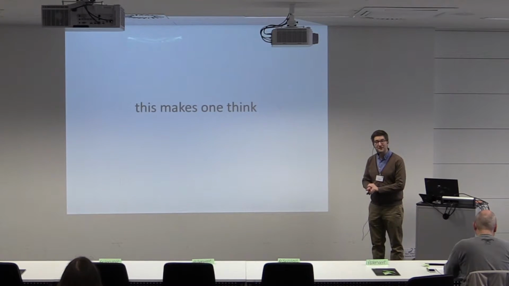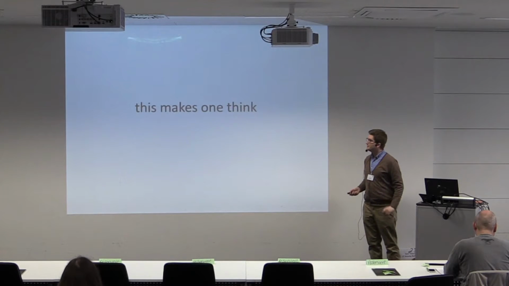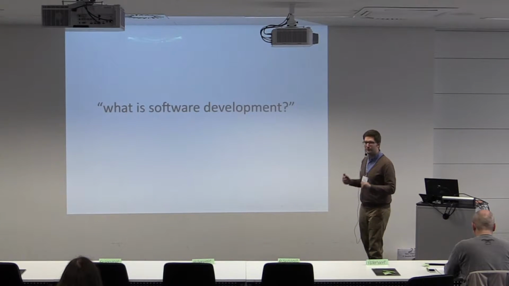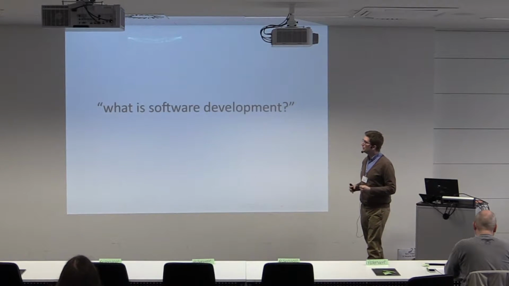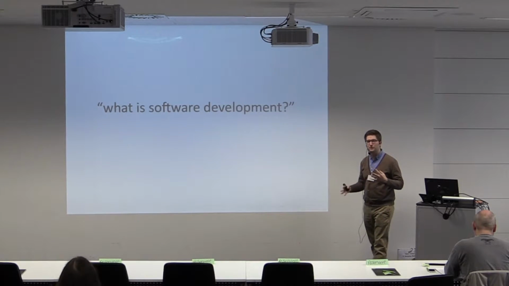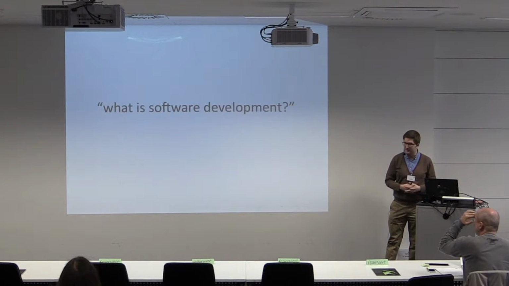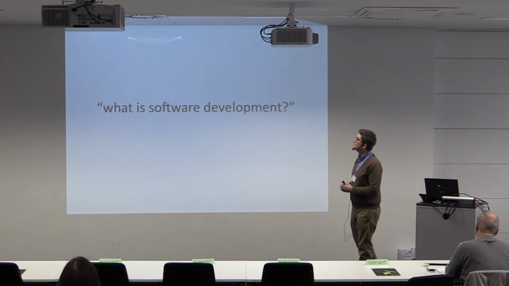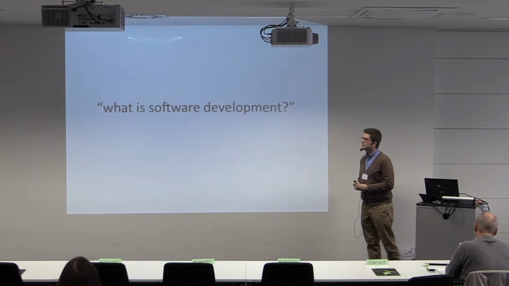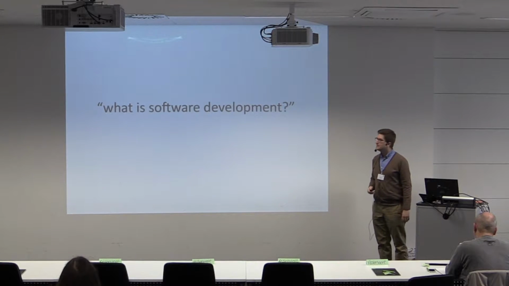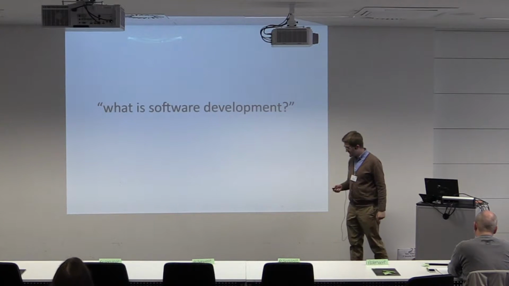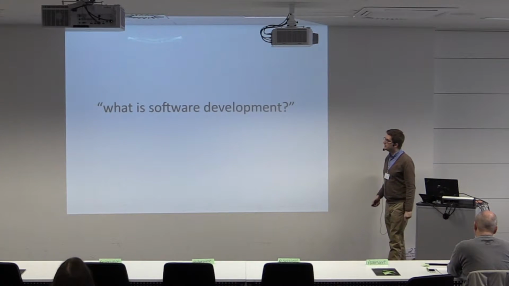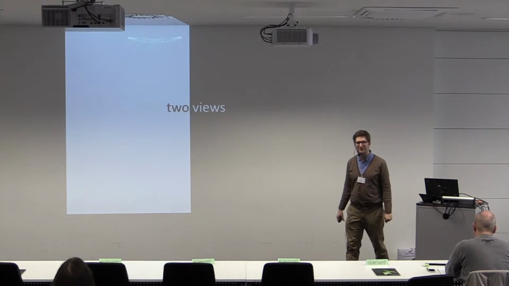It made me think, what is software development? Sort of, what is it that we do all day? And what kind of models do we use to think about software development? And how do we relate to it? I realized, starting from this view of the apartment as factory, that I actually go around nowadays carrying 2 views of software development.